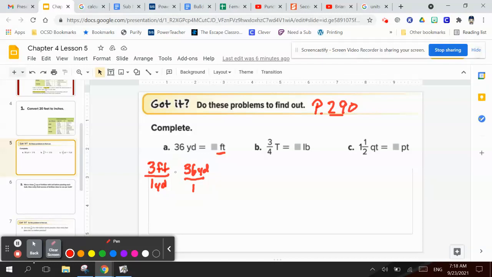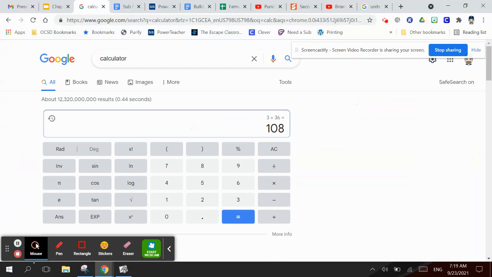So before I multiply, I am going to get rid of the yards, because I no longer want yards, I only want feet. So then I multiply 3 times 36. Well, I'm not sure what that is, so I'm going to switch over here and take 3 times 36, which is 108.